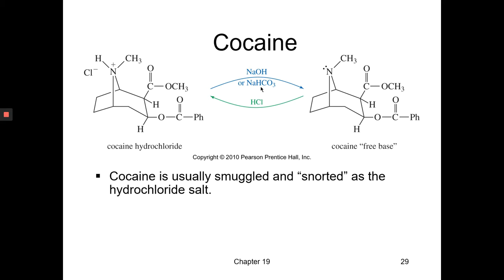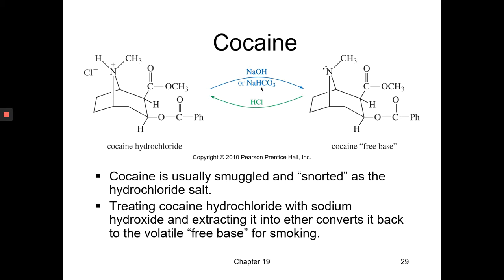Cocaine is usually smuggled and snorted as the hydrochloride salt. The reason for that is that the hydrochloride has less odor. It's more difficult for drug sniffing dogs to detect.